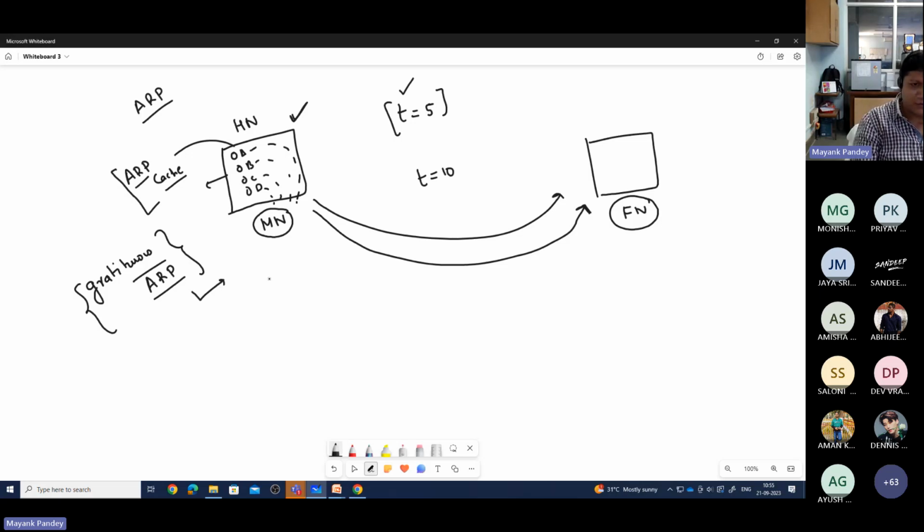Not in the context of mobile IP, as such, what is gratuitous ARP? The spelling is G-R-A-T-U-I-T-O-U-S, gratuitous. I'm giving you 5 minutes to study about this.